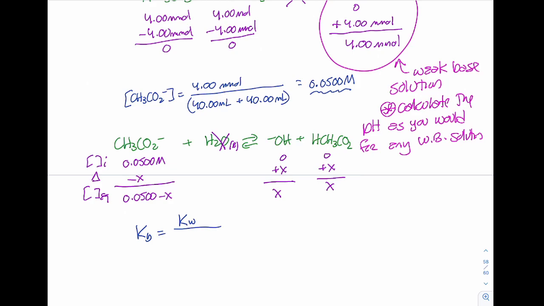I'm just writing Kw instead, divided by my Ka. So that comes out to be, I'm typing it into my calculator right now, 5.6 times 10 to the negative 10th.